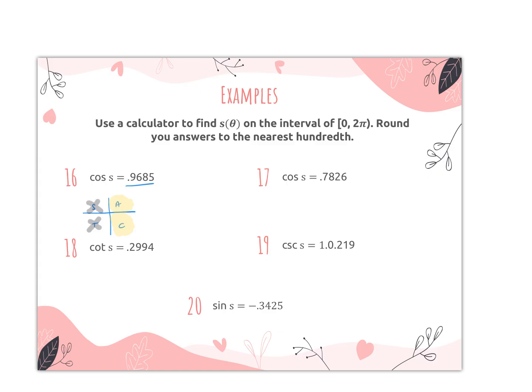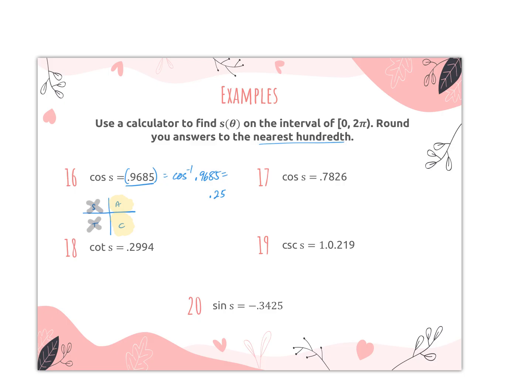So even if this value were negative, I would go to my calculator and I would do inverse cosine of 0.9685, and this is going to give me my reference angle. So 0.9685 inverse cosine is going to equal 0.252, since it tells me to round my answers to the nearest hundredth.